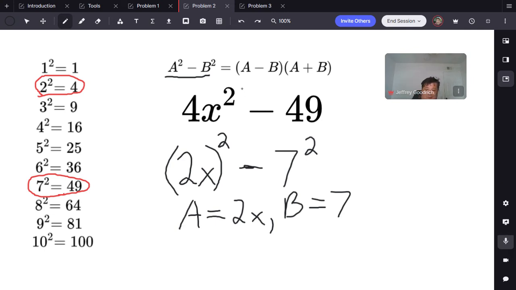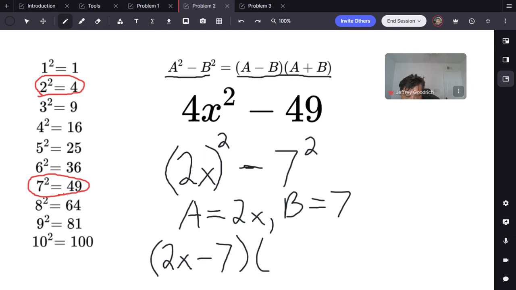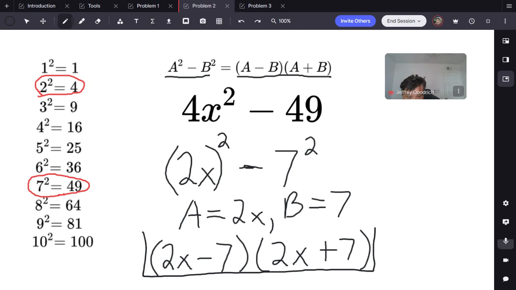So now we just have to plug it into the second part of our equation. We just have to put the a minus b and the a plus b. So our a is 2x. So we're going to write 2x minus 7, and then 2x plus 7. And that is our final answer.